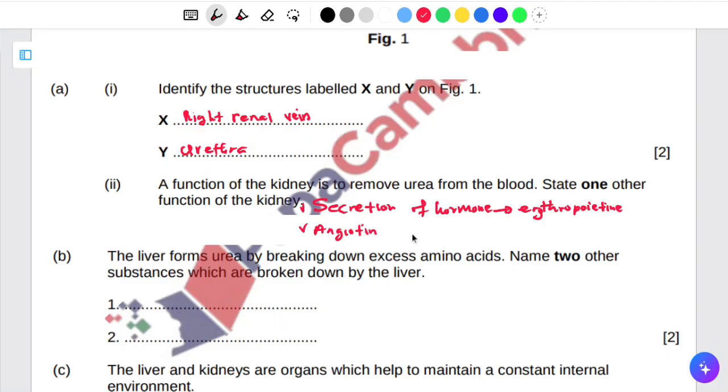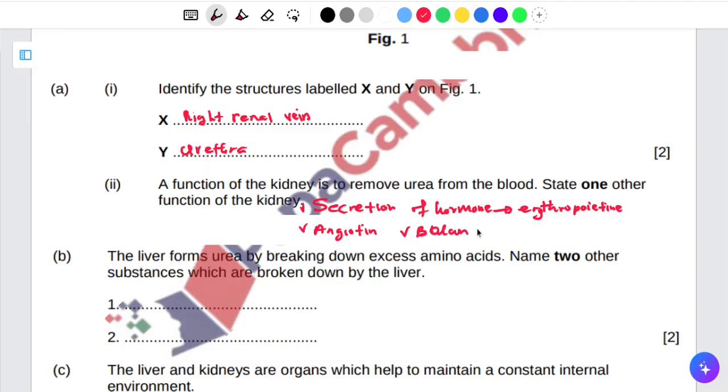So during the process of the angiotensin aldosterone system, this one is important. Then apart from secretion of hormones, which are erythropoietin and angiotensin, it is also important for balancing of water and electrolytes.